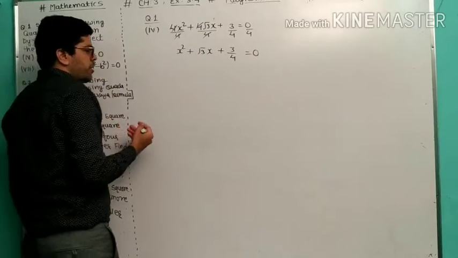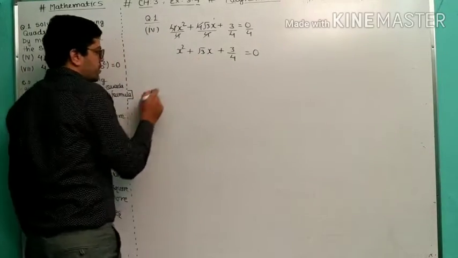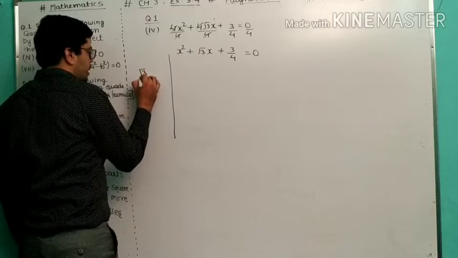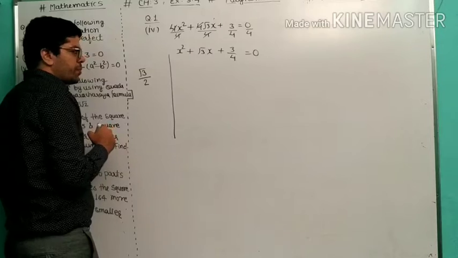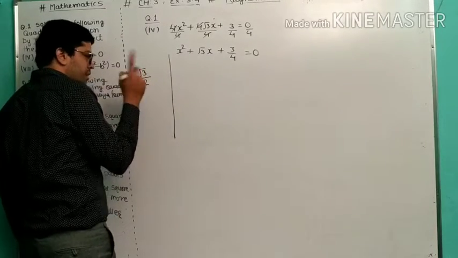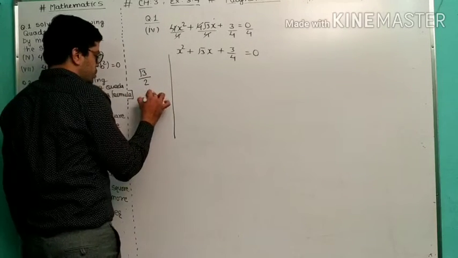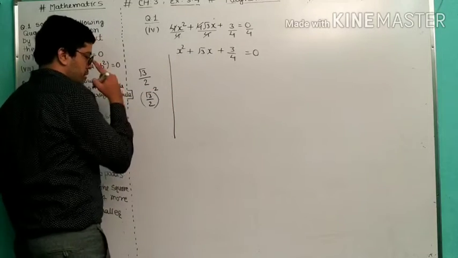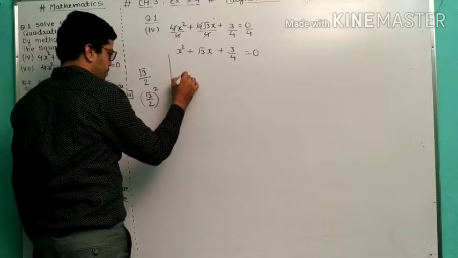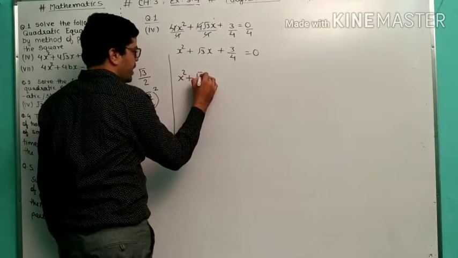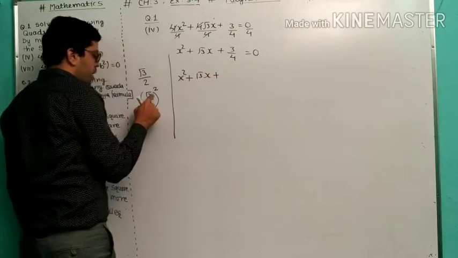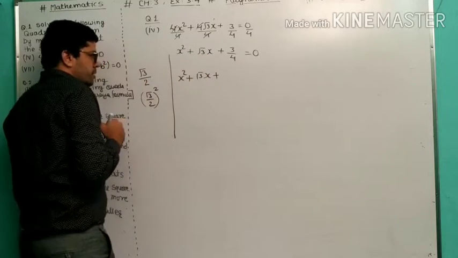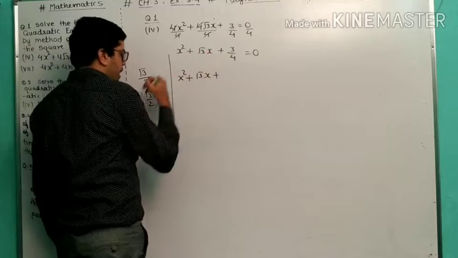And in the second step, as I told you, we take the multiple of x and obtain half of it. After that, the third step is the square of this half of the multiple of x, and in the fourth step we have to add the square of half of the multiple of x.